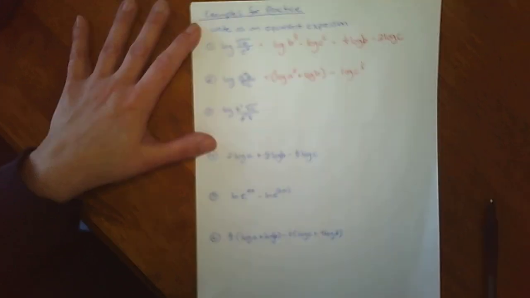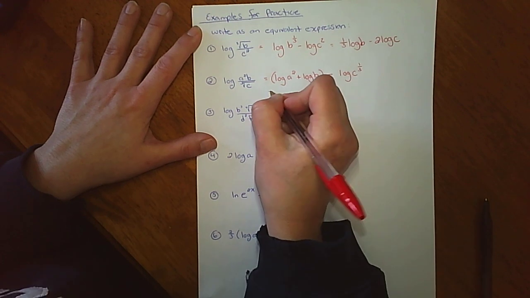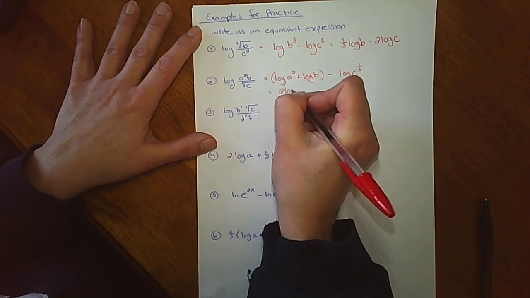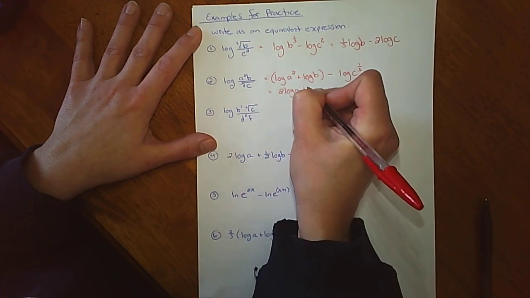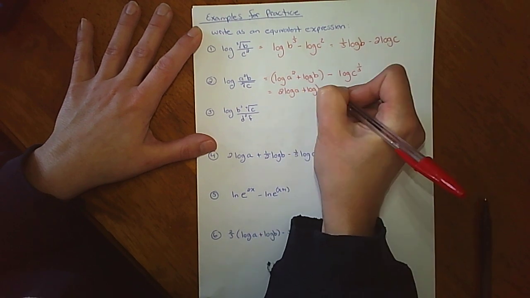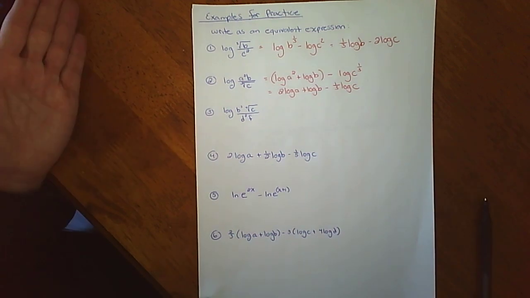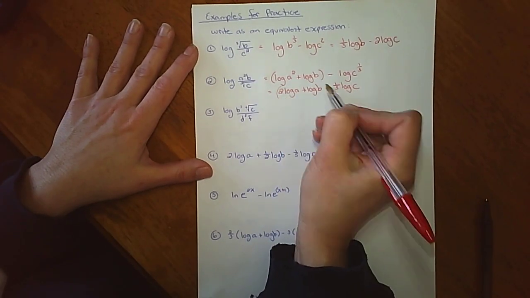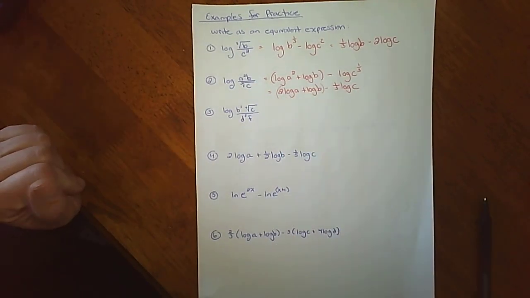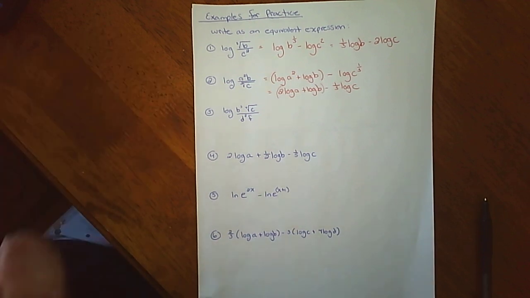So we got that guy. So this becomes now 2 log a plus log b minus 1/3 log c. So this is an acceptable answer, or if you want to put parentheses around the first 2, you could always do that as well. So that's the answer.